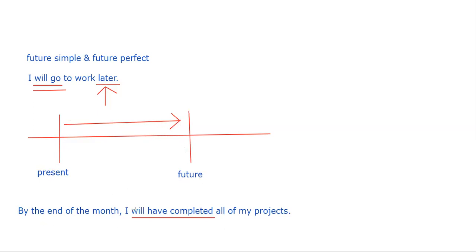So by the end of the month, I will have completed all my projects. Will have completed is the future perfect form of the verb to complete.